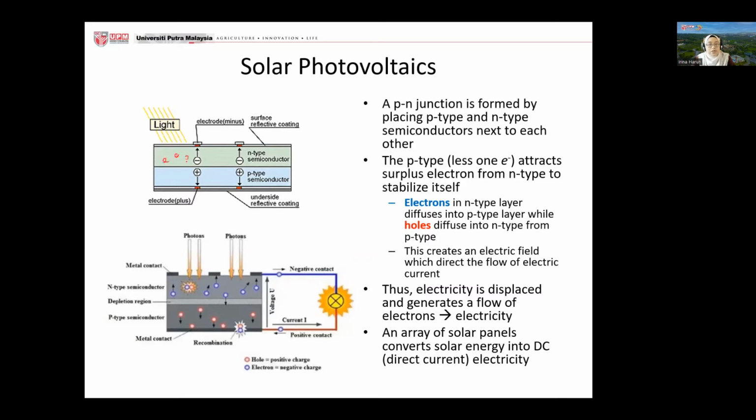There's a lot of electrons there. And the P-type, there's a lot of holes. So what's happening is that the electron is going to want to move to the holes. Now that's how it is. You have something that is concentrated, it's going to move towards a place where it is less concentrated.